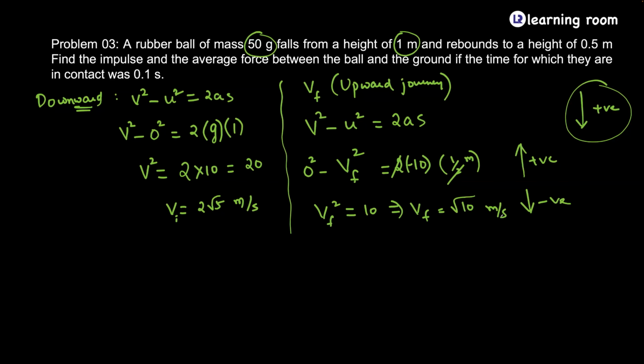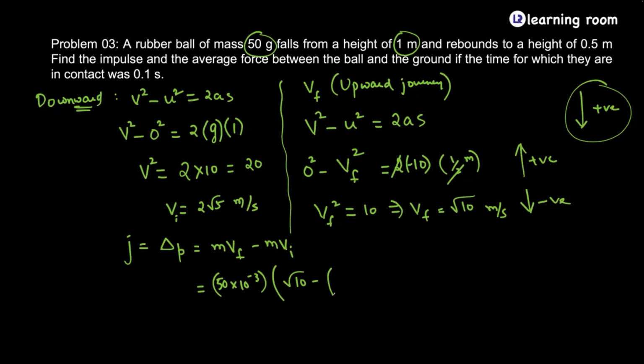Now I can easily find the impulse. So what is going to be the formula for impulse? Impulse formula is delta P. So mass into final velocity minus mass into initial velocity. What is the final velocity? And what is the mass here? 50 gram. So 50 into 10 power minus 3 into, what is V final? Square root of 10, minus, what is the initial velocity? You should not write it as 2 root 5. You should write it as minus 2 root 5, because observe the situation.